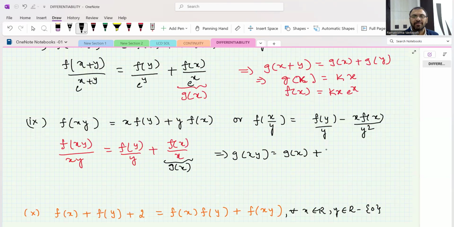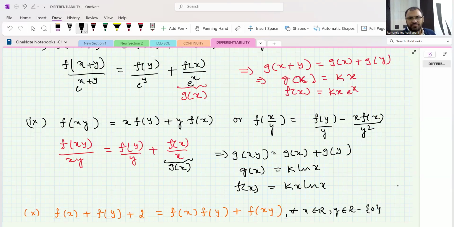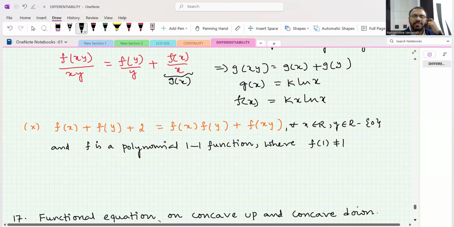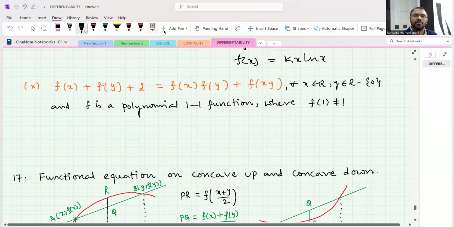This is the logarithmic function, isn't it? So g of x equals some k into ln x. But g of x is f of x by x. Therefore f of x equals kx into ln x. These are very important. These are high level functional equations, converted into very simple ones. Here is one question in which I can use differentiability to solve.